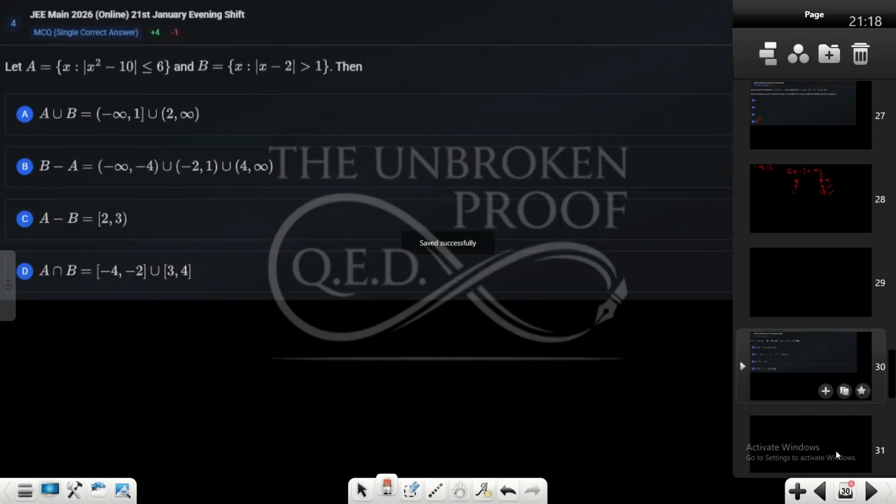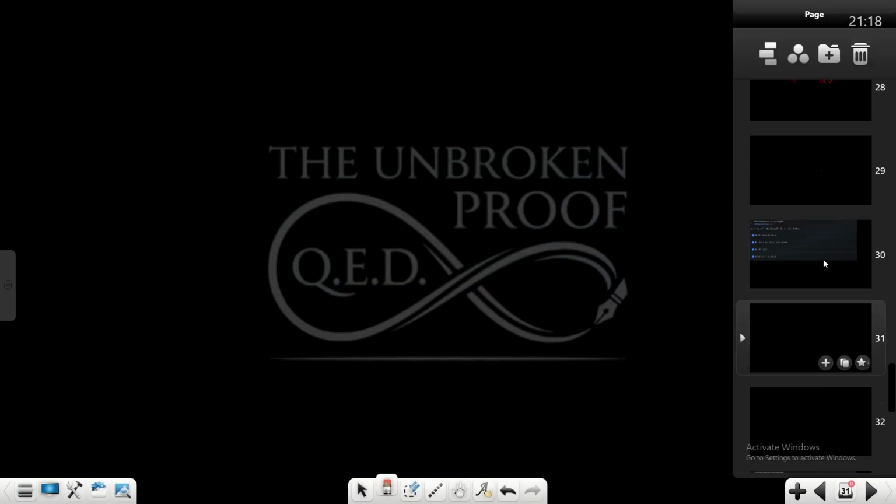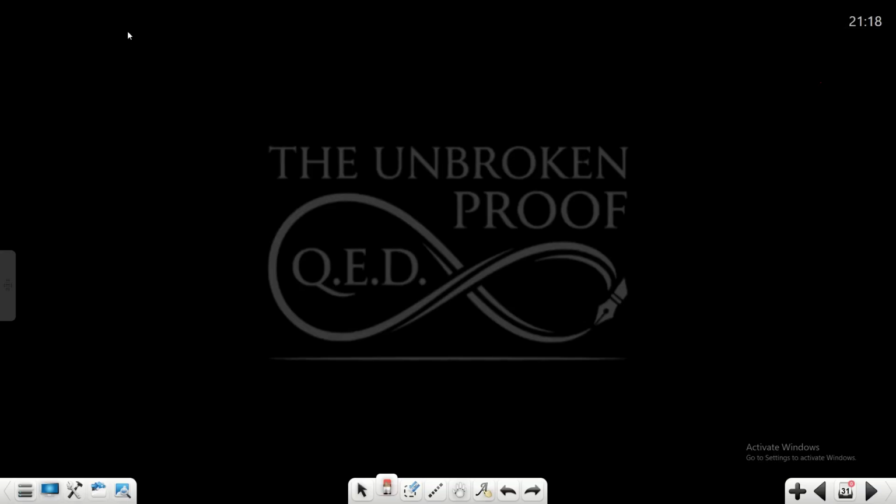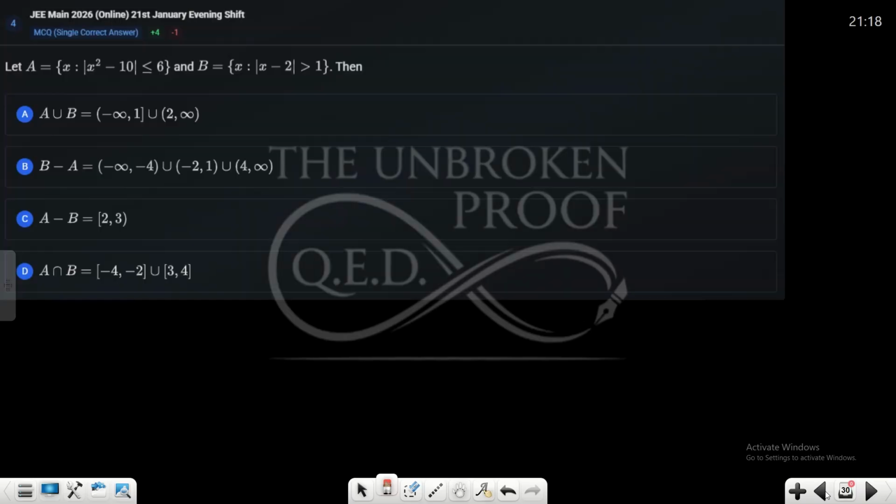A is equal to mod of x square minus 10 less than equal to 6.